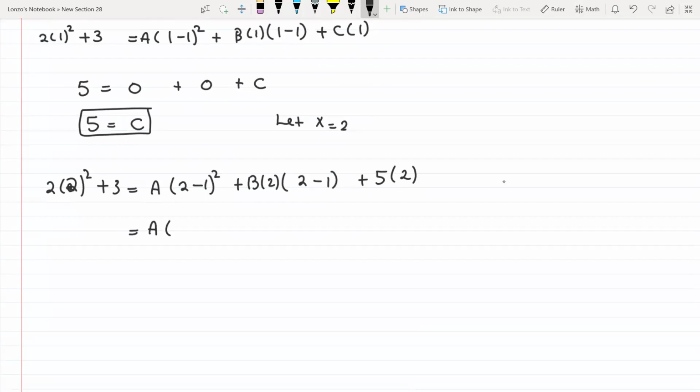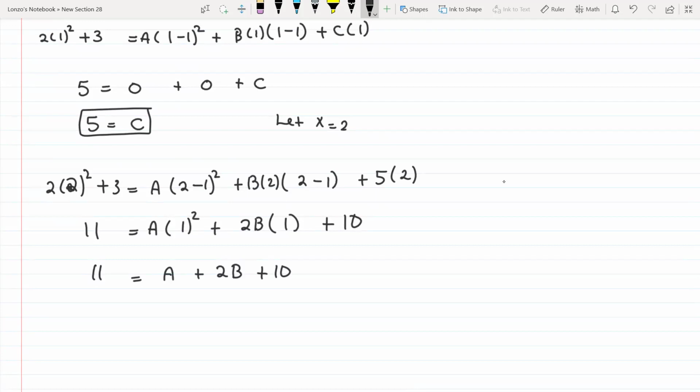Okay, so 2 minus 1 is 1 squared, plus 2 times B is 2B, right? And then 2 minus 1 is 1, plus 10. And then over here, 2 times 2 squared plus 3 is 11. And on this side, 1 squared is 1, so that's A, plus 2B, plus 10 equals 11.